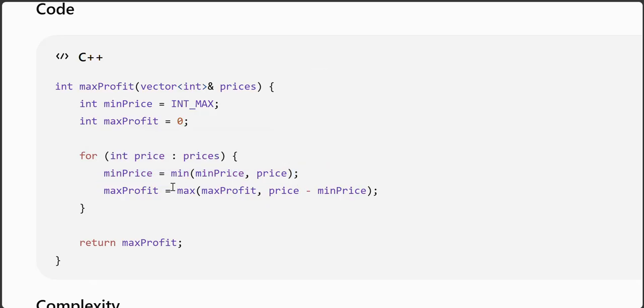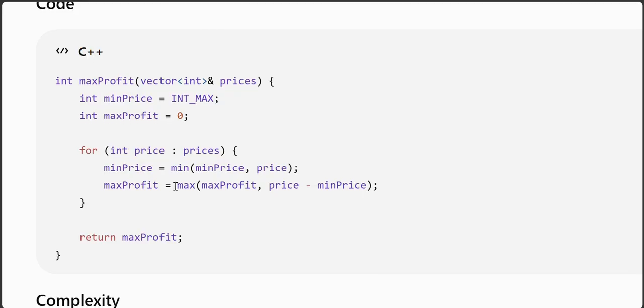For the profit, we check the maximum profit made, by comparing the max profit variable with the price minus the minimum price available to us, and then simply return the maximum profit. I'm gonna explain it with an example.